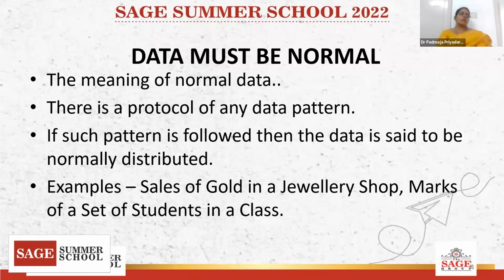So how do I define normal data? I can give two or three different scenarios. Let me take the first example: the sales of gold in a jewelry shop. In one particular branch, if I take the entire day's sales of gold, there will be very few outliers. Only one or two would have bought an abnormally large amount, about 10 or 20 lakhs' worth of gold.